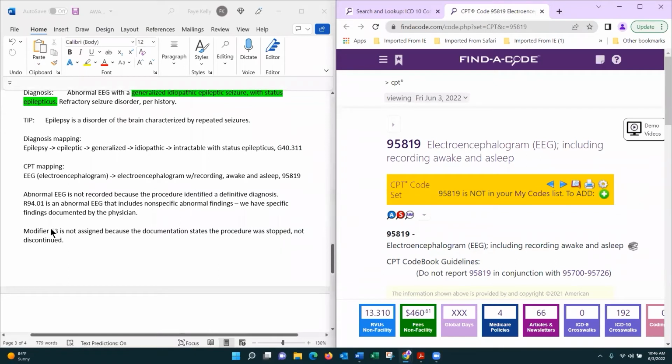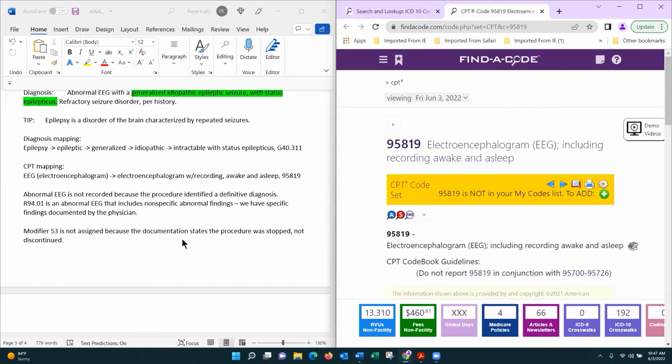And remember the modifier 53. I'm not sure I had that assigned. I think Michael might have assigned that. We're not going to say that a procedure was discontinued. Modifier 53 actually gives a reduced payment. Now, if it's appropriate to put it, you definitely have to put it. But we want to make sure that the procedure was discontinued, which is what modifier 53 is referring to.